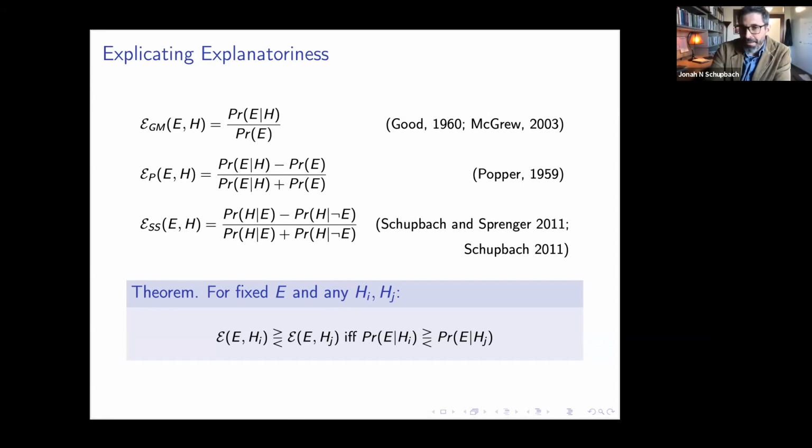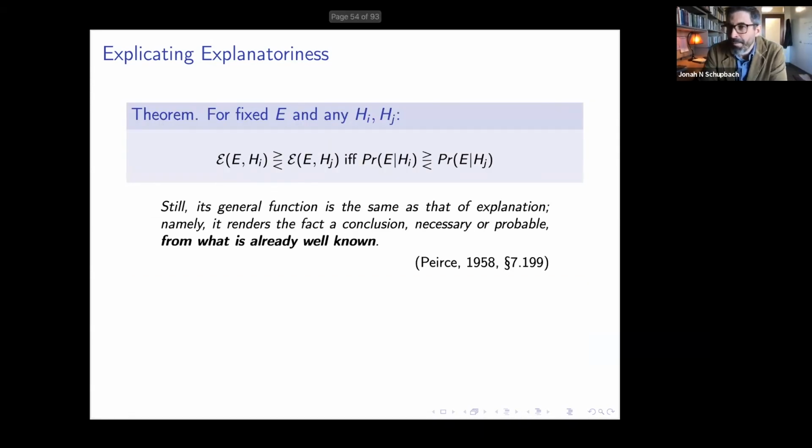Now, that theorem itself is a reason why you might want to call that idea into question. You might think explanatoriness should not be explicated just merely as a measure of that inequality. Because after all, Peirce, in a quote we've already given, says this: its general function is the same as that of explanation. So what's the function of explanation? What is this idea of explanatoriness? It renders the fact a conclusion, necessary or probable.